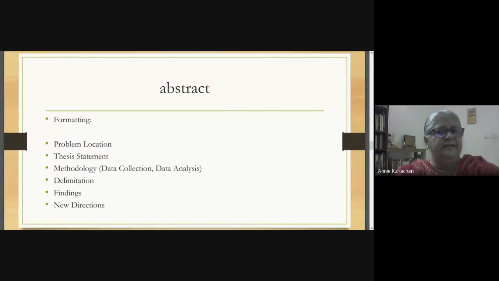The fourth line is the delimitation. Now, most often my students say, oh, delimitation, ma'am, are you saying that my research is weak or it is not strong? Is it a limitation? Is it a shortcoming? No, that is not the meaning of the word delimitation. Delimitation is actually drawing up the boundary of your research.